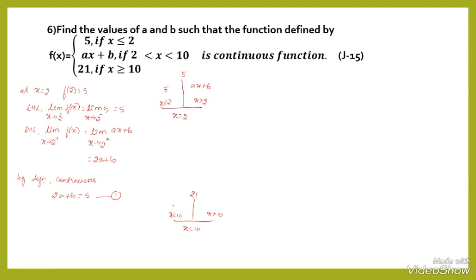Then the left hand limit. The left hand limit x tends to 10 minus f of x is equal to limit x tends to 10 minus of a into x plus b. Then substituting the values, it becomes 10a plus b.